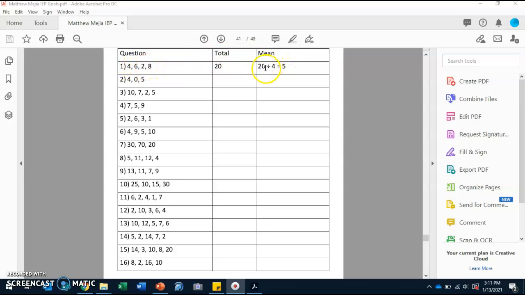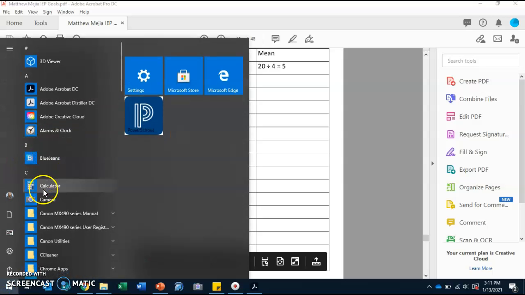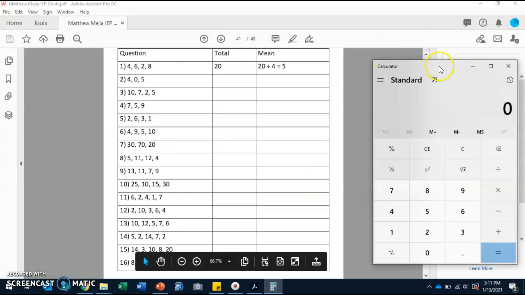And when you divide 20 by 4, you get the answer 5. So 5 is your answer. That is your mean. And that is what we're going to be doing for number 2 and the rest of the questions. So if you have not done so, please take out your calculator because we will be needing it for this worksheet.